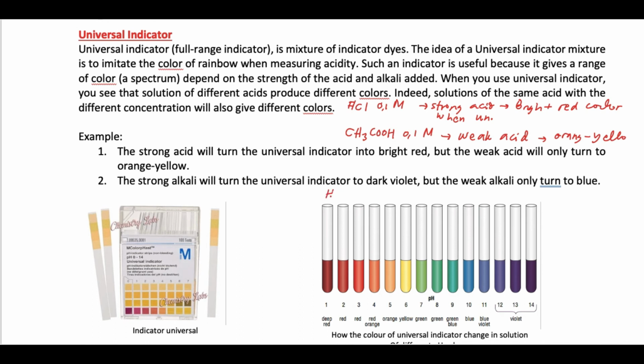So this is for HCl 0.1 M, and this is for ethanoic acid with the same concentration. But when we have the same acid, for example hydrochloric acid, but different concentrations, that is 0.1 M and 0.0001 M, it will give different colors of universal indicator.